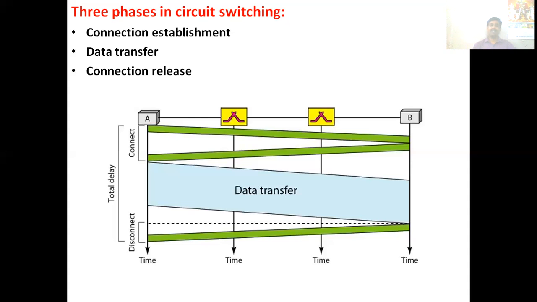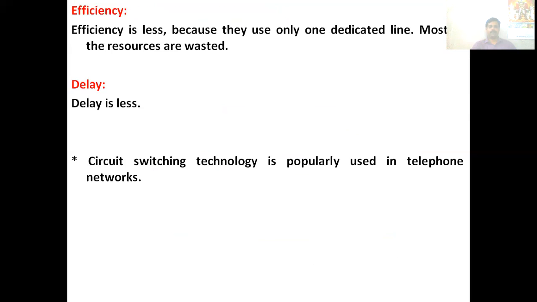That is called connection release or disconnect. So these are the 3 phases of circuit switching: connection establishment, data transfer, and connection release.